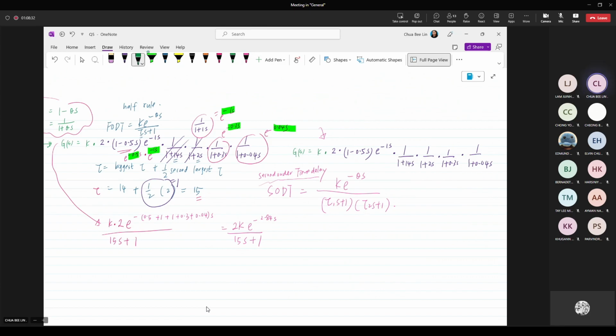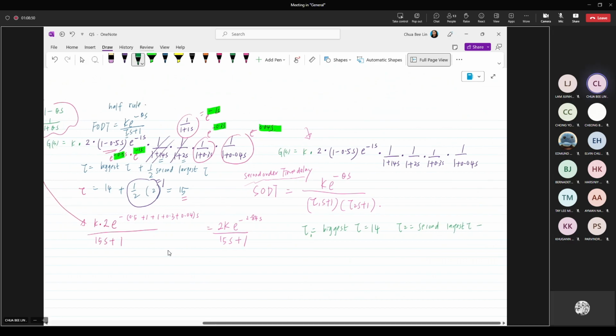The tau will be the same idea. Tau 1 will be just the biggest tau, so don't touch, you will get 14. Tau 2 will be second largest tau plus 1 over 2 multiplied with third largest tau.